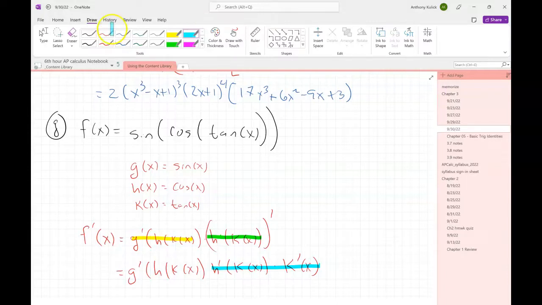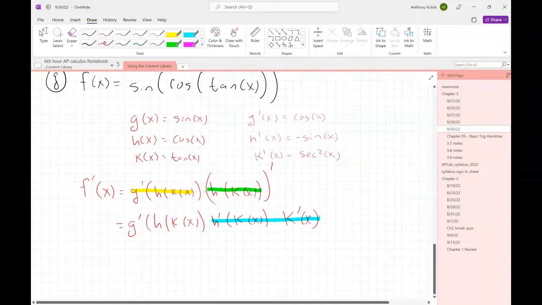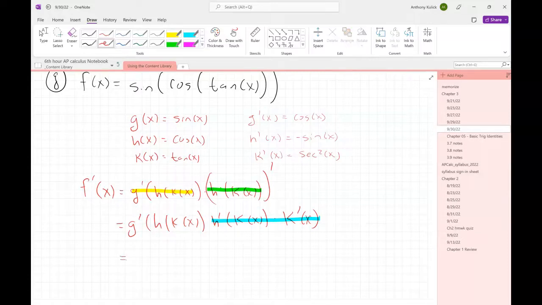But here's the nice part. This looks awful, right? But to actually fill things in is really pretty easy. Just using my basic trig derivative rules, which, if you haven't started memorizing yet, you'd want to get on that.